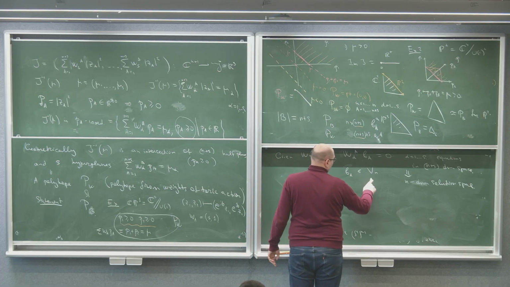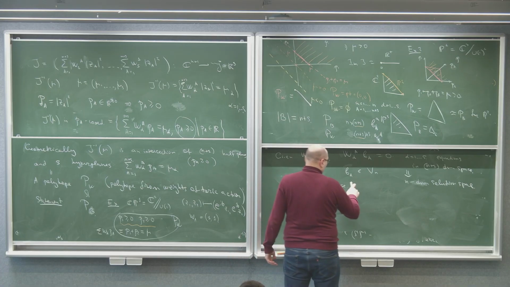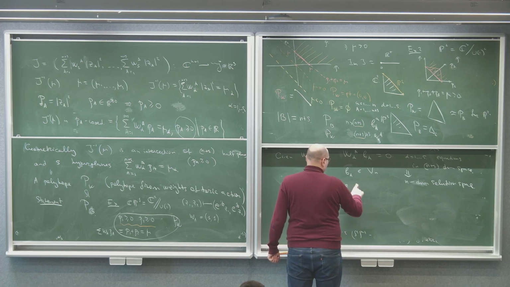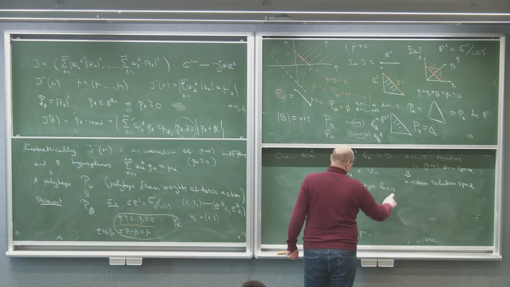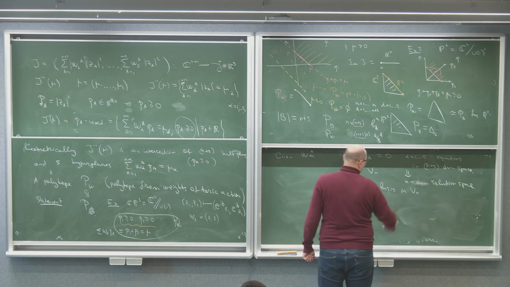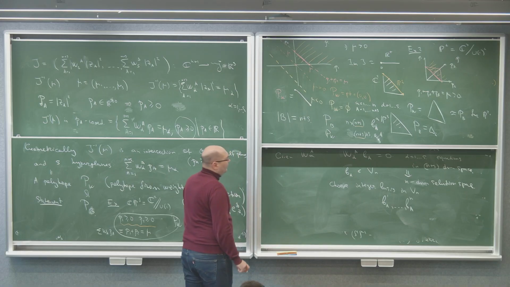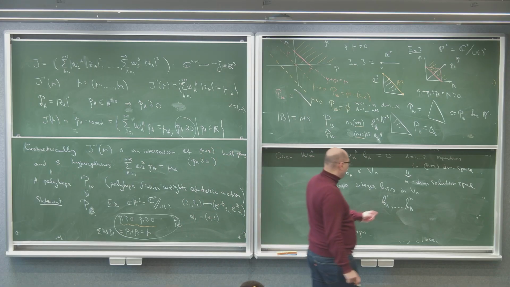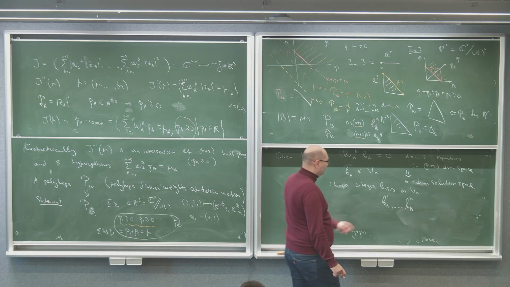Let us choose an integer basis in this n-dimensional space and denote this integer basis v1 to vn. And that would be precisely our normal vectors for a polytope.